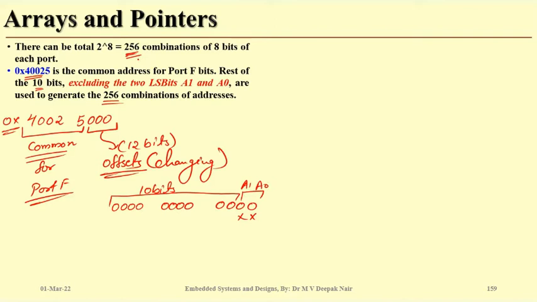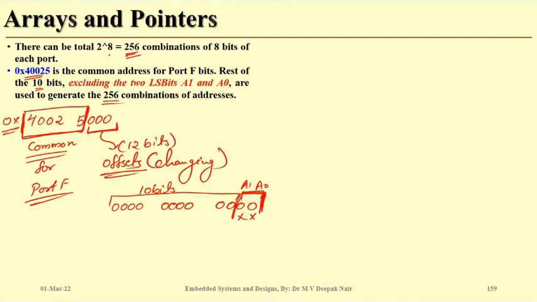Why? Anyone? Why are the last two digits not disturbed in this case? It is very clear, 40025 is common. Rest three digits are used for changing the bits.